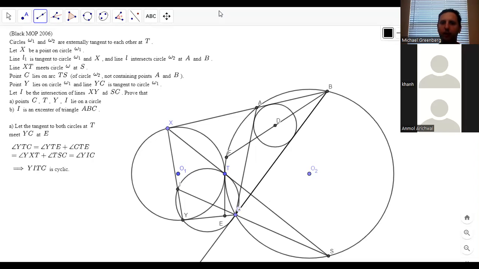STB is similar to SBX. That's interesting. Because angle TXA, let's see. So STB is similar to SBX.